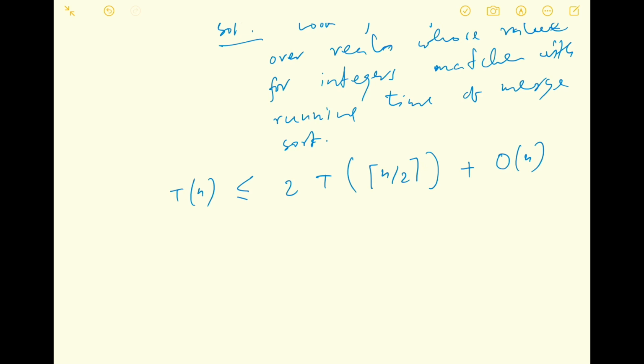And ceiling of n by 2 is less than or equal to n by 2 plus 1, plus big O of n. So using this trick, we have got rid of the ceiling and floor.